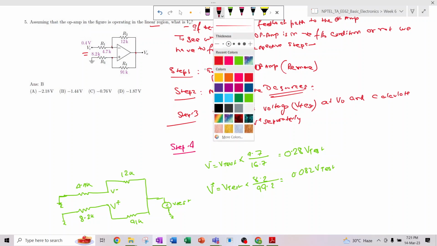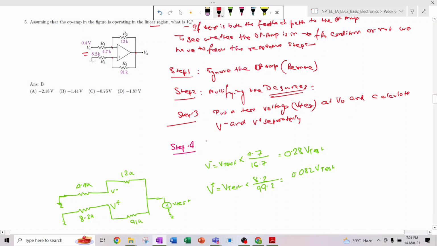Step number 4 is to calculate the difference, V minus minus V plus.